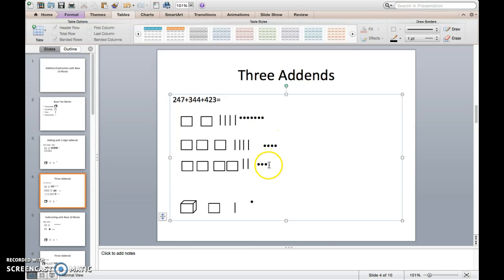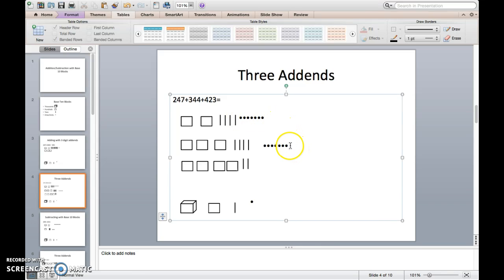And I have 3. I am moving these 3 up here and then disposing of them. And now I have 1, 2, 3, 4, 5, 6, 7. 1, 2, 3, 4, 5, 6, 7.